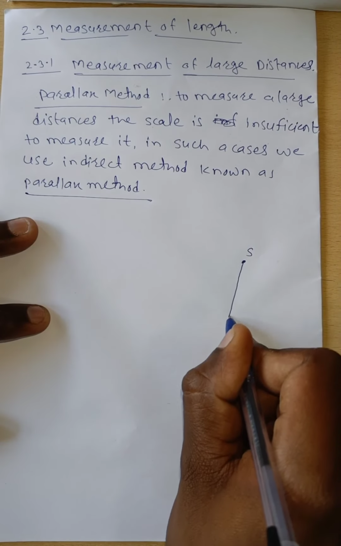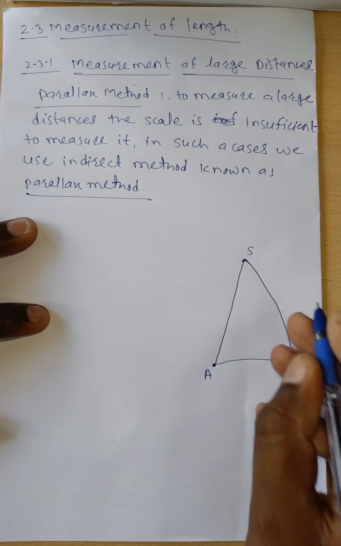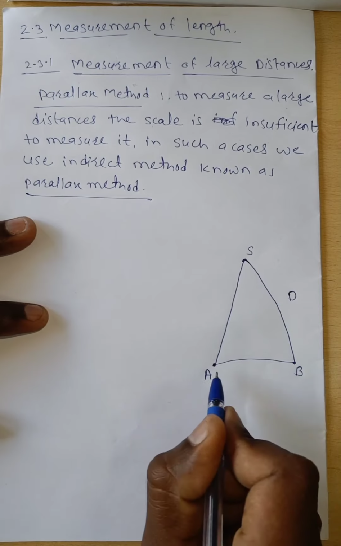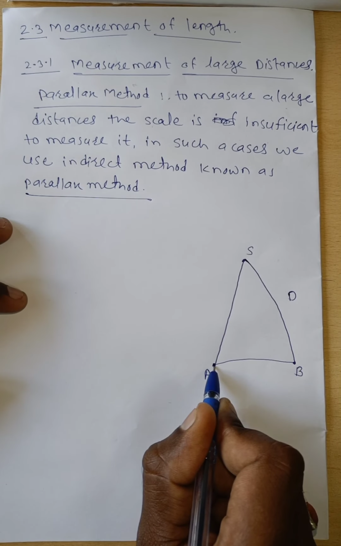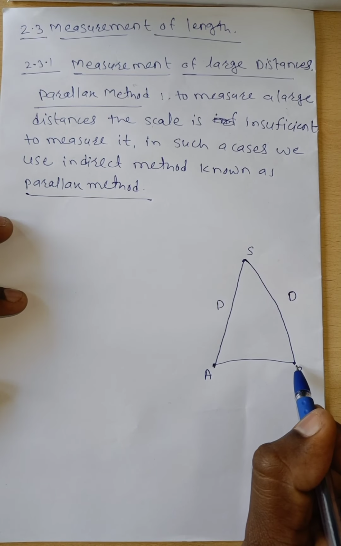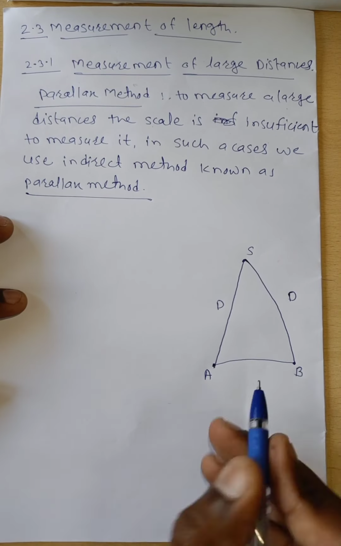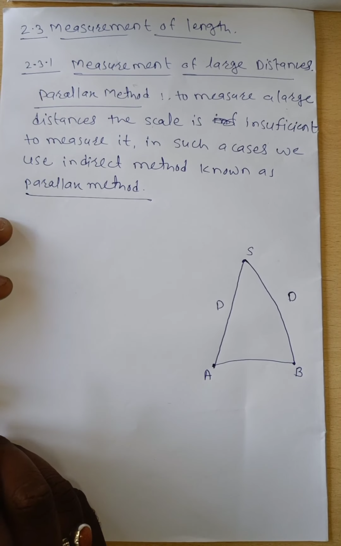Now this is the distance d. If you observe from point A, then the distance is the same, d. If you observe from point B, the points A and B are on the Earth's surface.